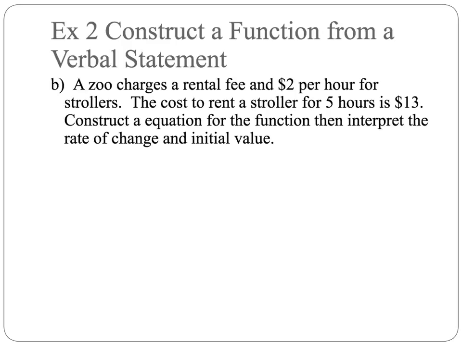Same sort of thing. Rental fee and $2 per hour. If you were listening a little bit last week, I told you that the per always is your slope. That per is a key word to kind of tune into your slope. So if they're charging a rental fee and $2 per hour, and we know that the $2 per hour is our slope, our rental fee must have something to do with our y-intercept.